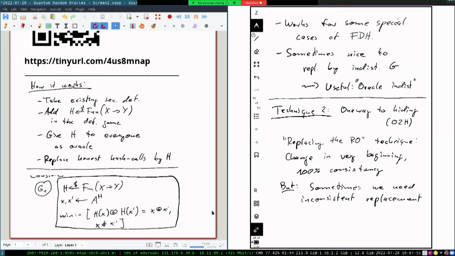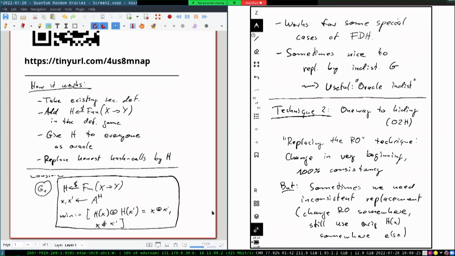So what do I mean by an inconsistent replacement? This would be something like: change the random oracle somewhere, maybe even in the middle of the game, but still use the original output value h of x somewhere else.